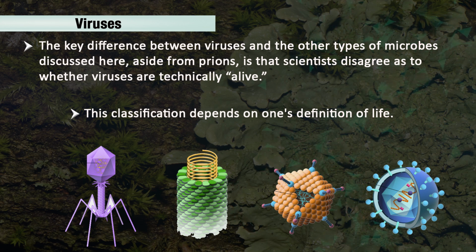This classification depends on one's definition of life. While there is no distinct phylogeny yet to be identified, viruses exhibit functions that are essential for life. Some can even form protective structures for their survival outside the host.